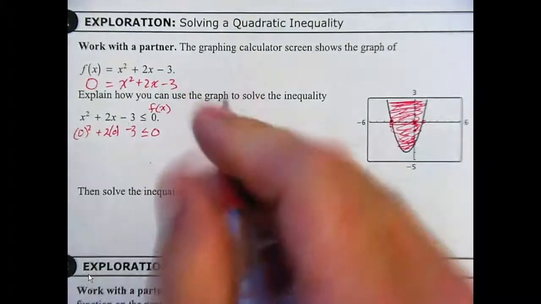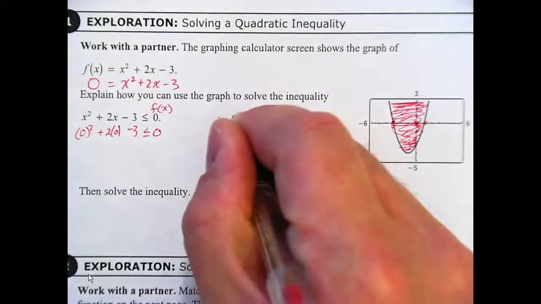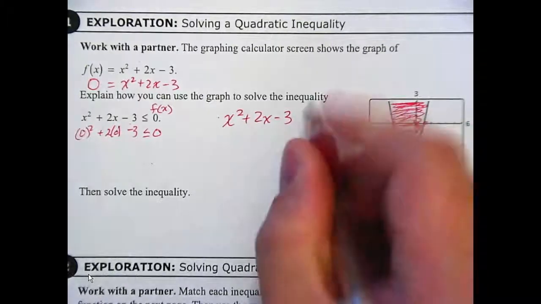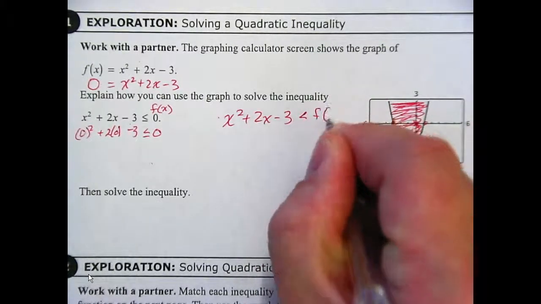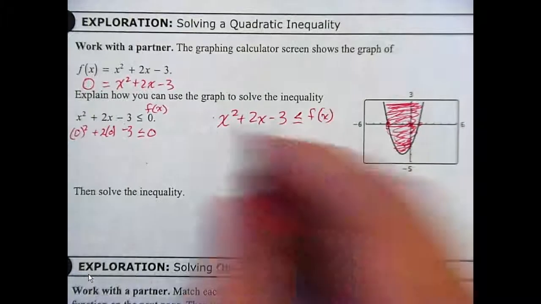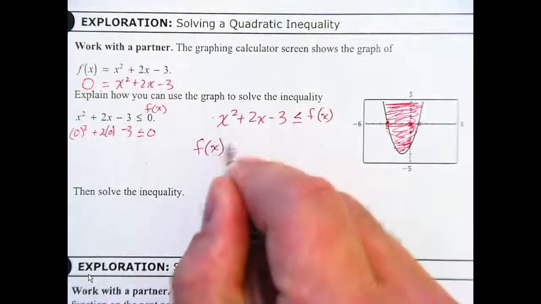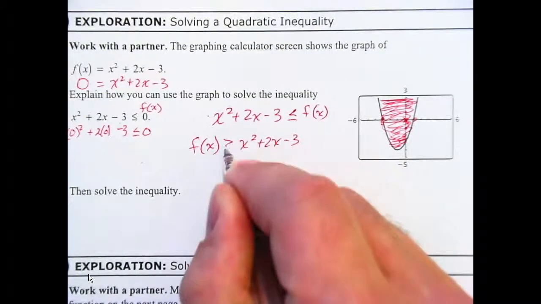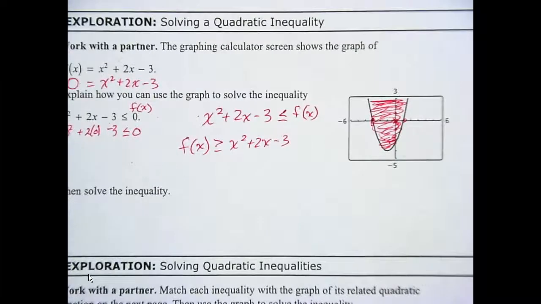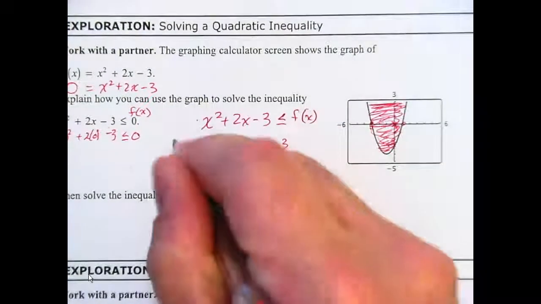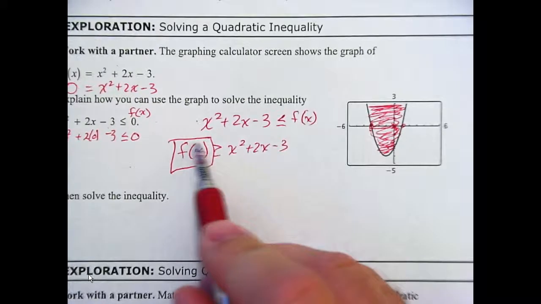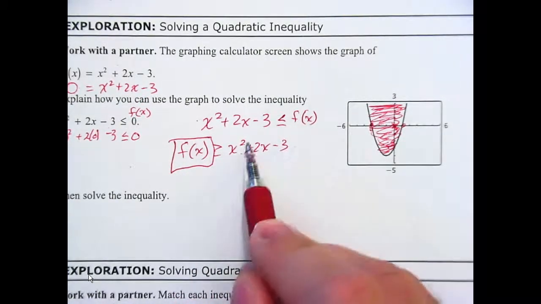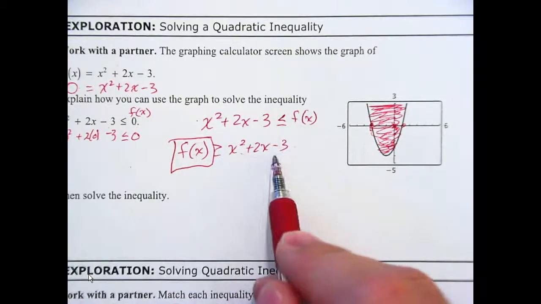If I think of this function as x squared plus 2x minus 3, and I have the f of x piece here on the end, or if I rewrite it like this, either way. F of x is your y-axis. So this is saying the y values are greater than this expression right here.